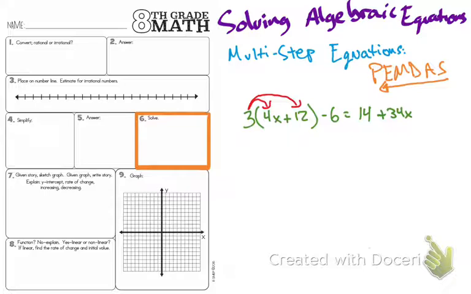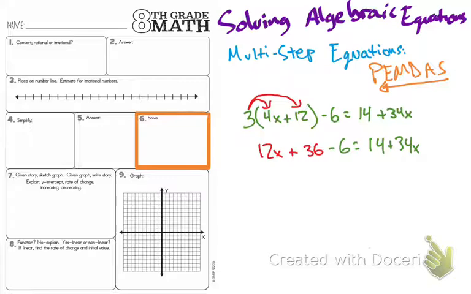I'm going to multiply my 3 by everything that's inside of those parentheses. In this case, 3 times 4x is going to give me 12x, and 3 times 12 is going to give me 36. And I can write everything else down just like I did in the other part. And then I can continue.